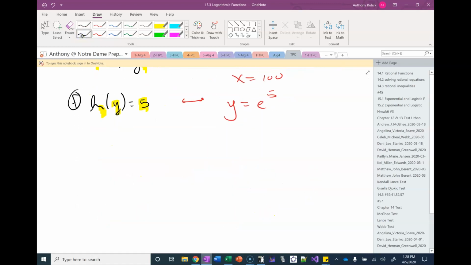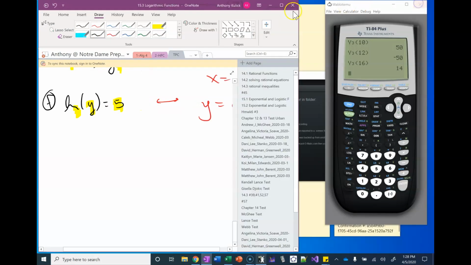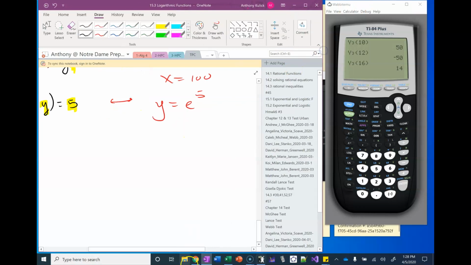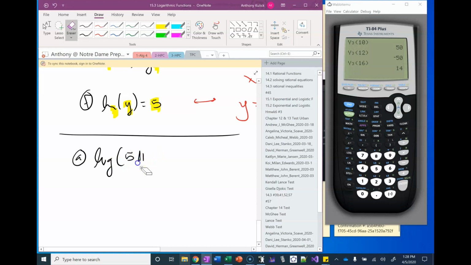So there's that. We can also use our calculator to express the values of logarithms. We can do that kind of 3 ways. If you open up your calculator, let's say I wanted the log of 51.37.